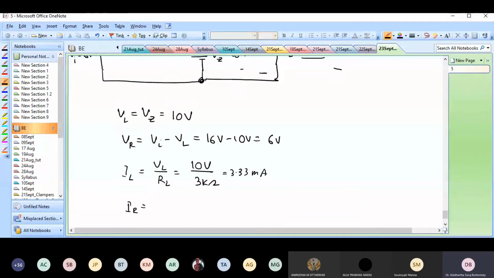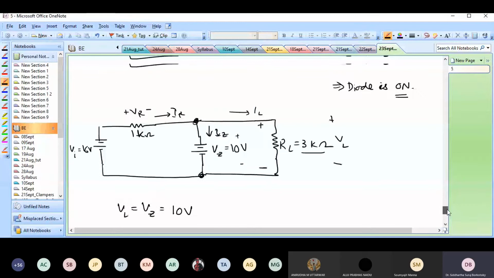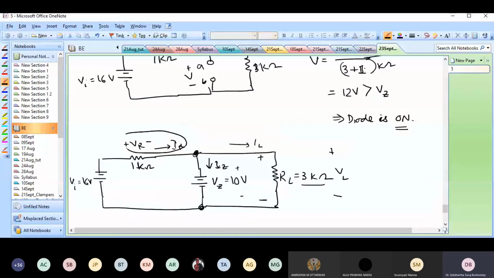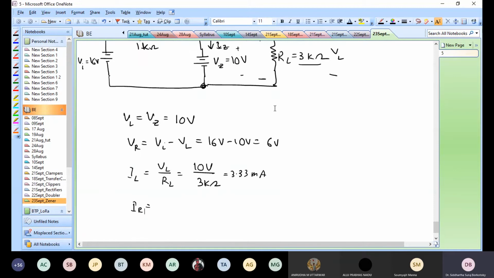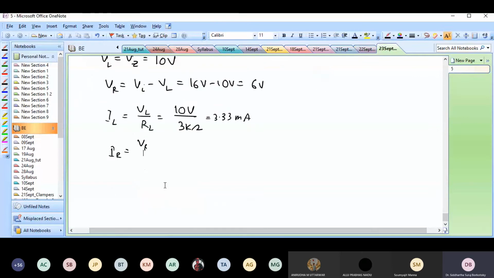IR was the current across the resistor, this current. IR is VR by R. VR we have already determined to be 6 volts, and R is 1 kilo ohm, given in the problem. So I have 6 milliamperes.